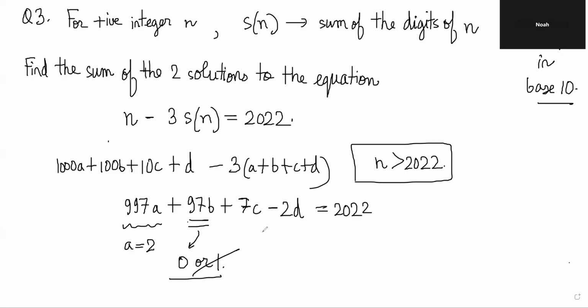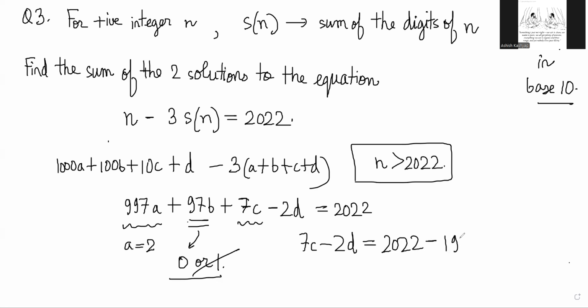Yeah. And then you're left with 7C minus 2D has to be equal to 28, since 2022 minus 1994 gives you 28.